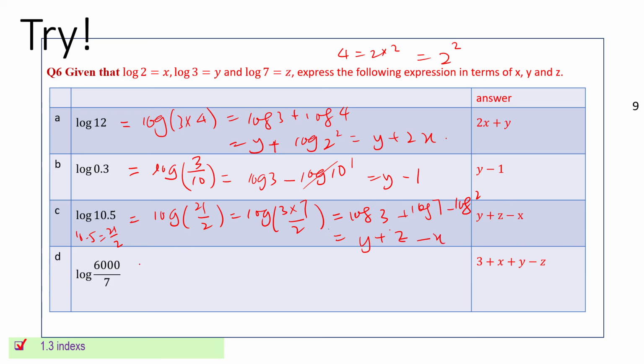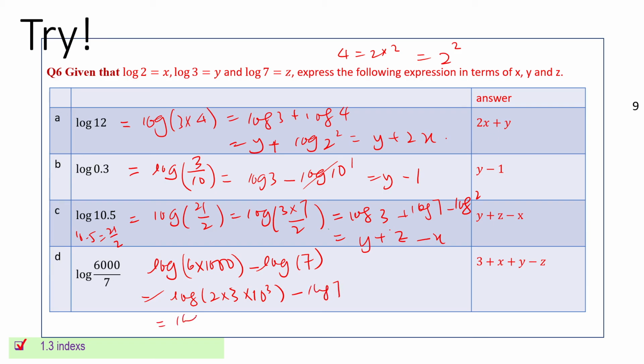Okay. Now, how about log of 6,000 divided by 7? So my log 6,000 actually is 6 multiplied by 1,000, minus log 7. Then this one I separate again: log of 2 times 3 times 10 to the power of 3, minus log 7.